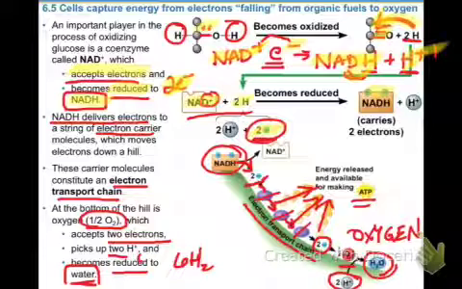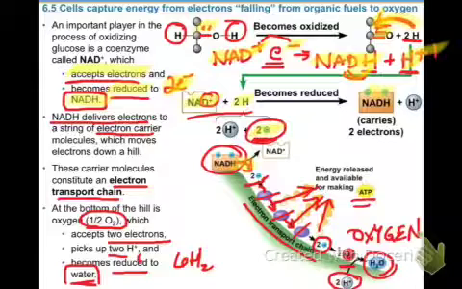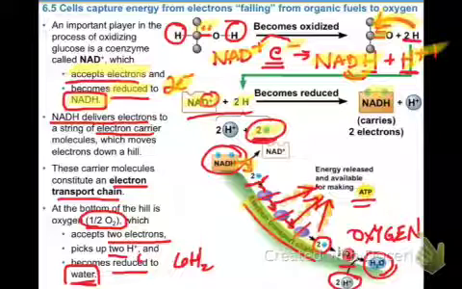Now it can give up those electrons, like you see here, and donate them in what's called the electron transport chain. And every time it donates these electrons, because they pass from here to here, and these are all channels, every time it does that, it creates energy to make ATP.